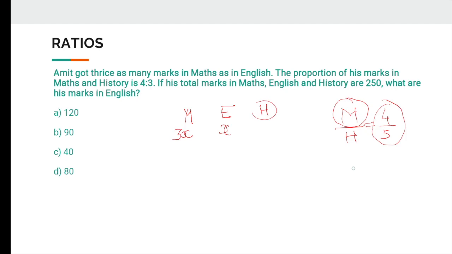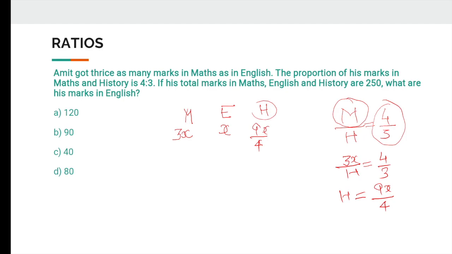So can I say 3x by h is equal to 4/3? From here I can find the value of h in terms of x. So h is 9x by 4.